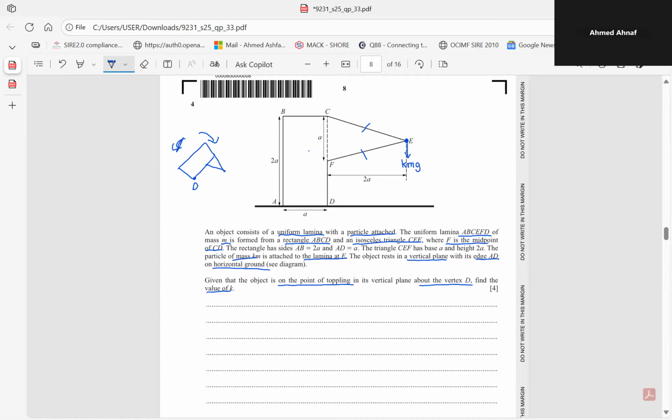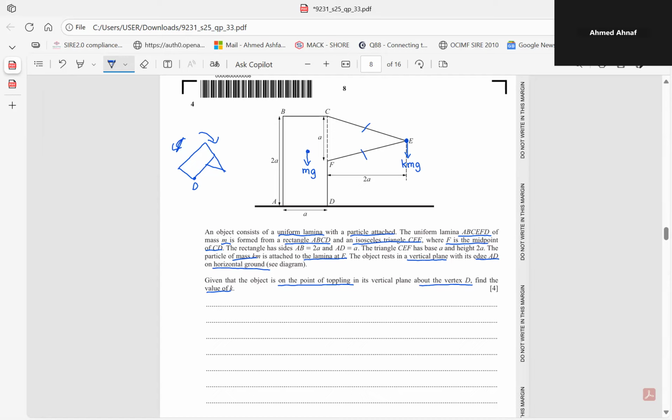The only forces we have are the weight of the lamina, Mg, as well as the weight of the particle. We just have these two forces acting and nothing else, because they did not say whether the ground was rough or smooth, so we're just going to assume it's smooth.